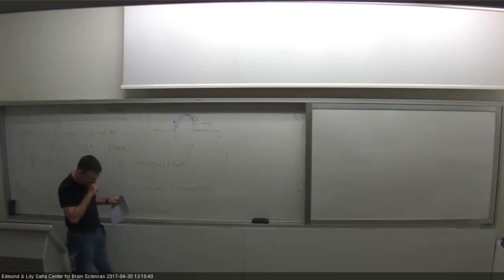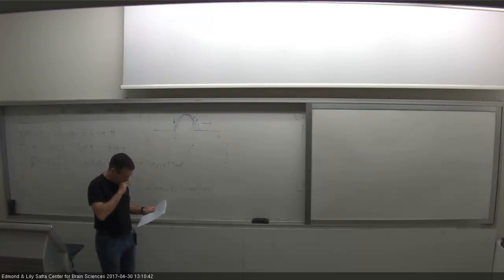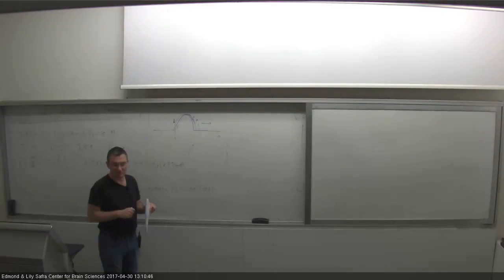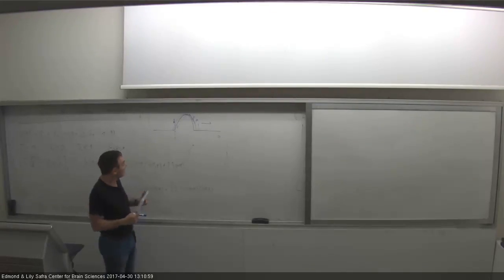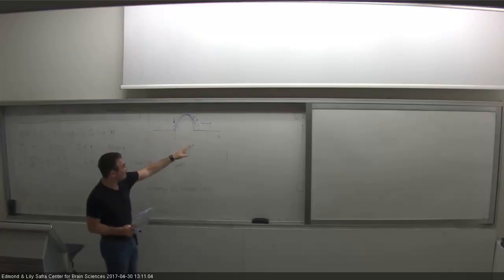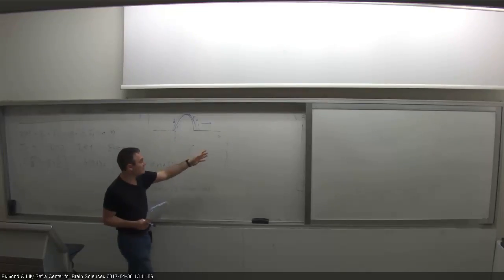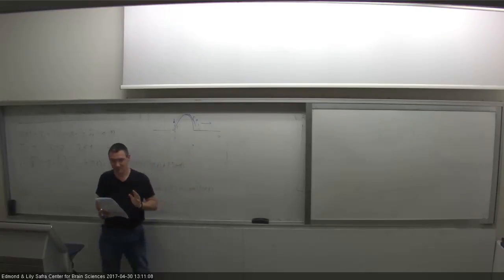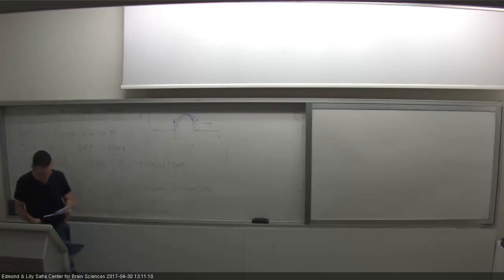Now, I guess we don't care much about the shape because there will be a correction of the order of epsilon to the shape, which may lead to a correction of epsilon squared in the velocity or something like that. The main effect, if we do some measurements, will be the fact that the bump will start moving, and there will be something about the velocity. So the main thing that we care about is the velocity.